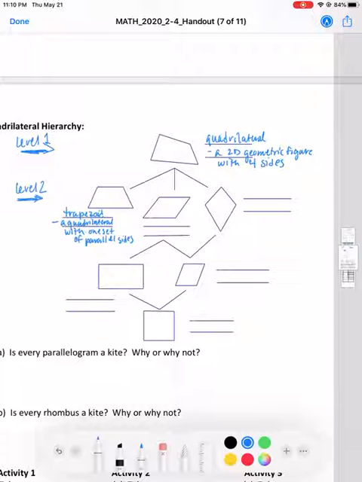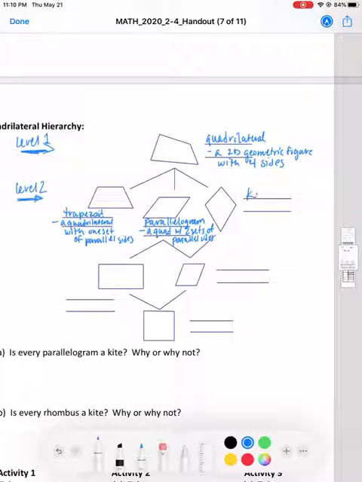The next one is a parallelogram. And a parallelogram is a quadrilateral with 2 sets of parallel sides. That's its distinguishing characteristic. Okay, 2 sets of parallel sides. What we have for the next figure, even though it looks like a kite, that's the official geometric name for it too.